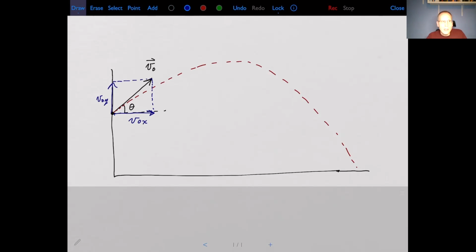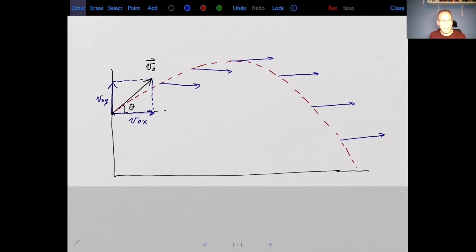If the acceleration in the x direction is 0, the velocity in the x direction is constant. Whatever initial velocity you had, whatever our v naught x is, that's going to be the same throughout the motion. So I'll draw an arrow of the same length at several locations. The velocity, even at the peak, is the same in the x direction throughout the motion.